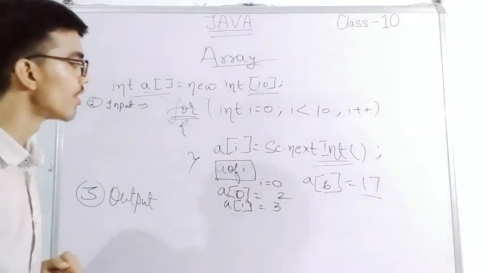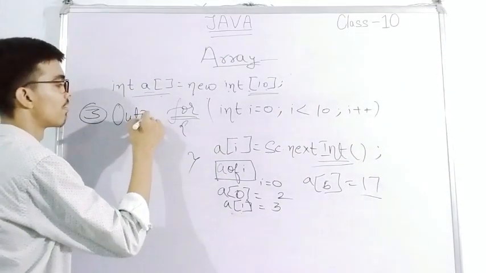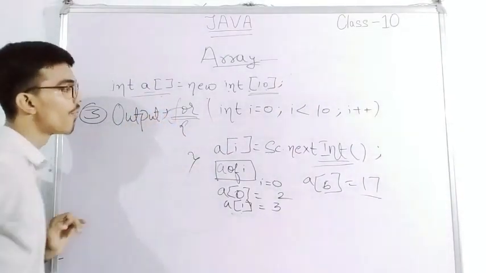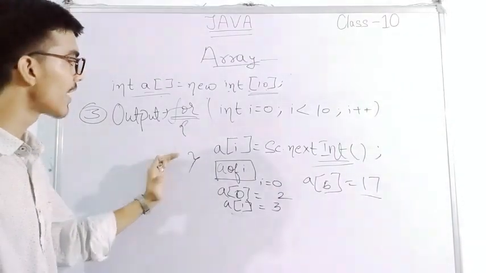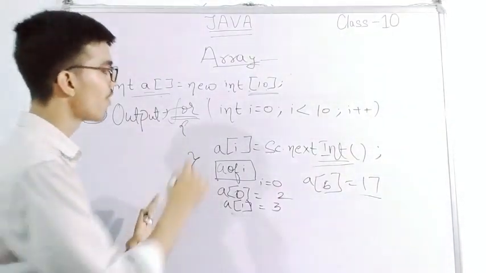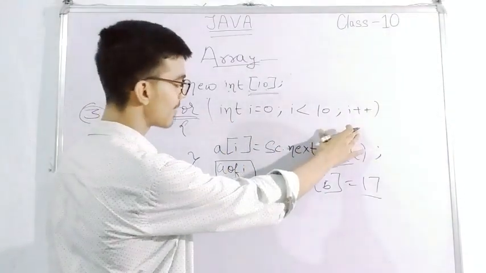Copy it down for input. For output, we'll write the same thing: for int i is 0, i is less than 10, i plus plus.